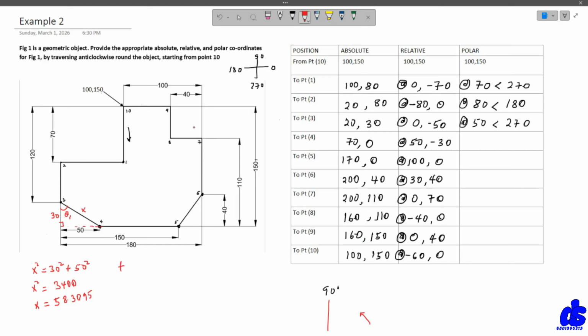So you can use tan of θ1 and equate it to the opposite, which is 50, over the adjacent, which is 30. So θ1 will be the tan inverse of 50 divided by 30, or to make things easier, 5 divided by 3.